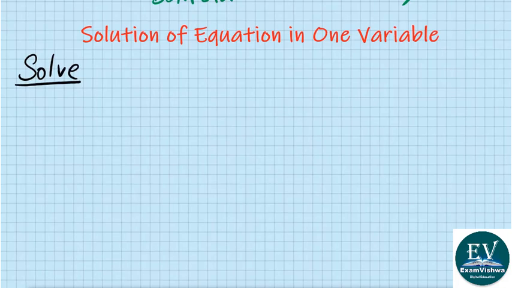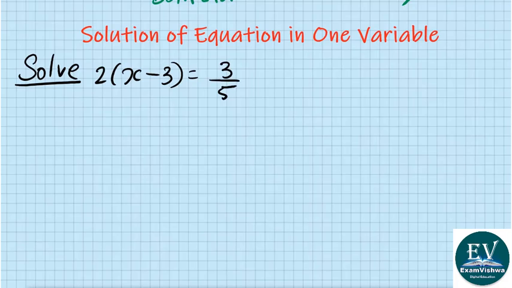What is the question? The question is 2 into (x minus 3) is equal to 3 upon 5 into x plus 4.